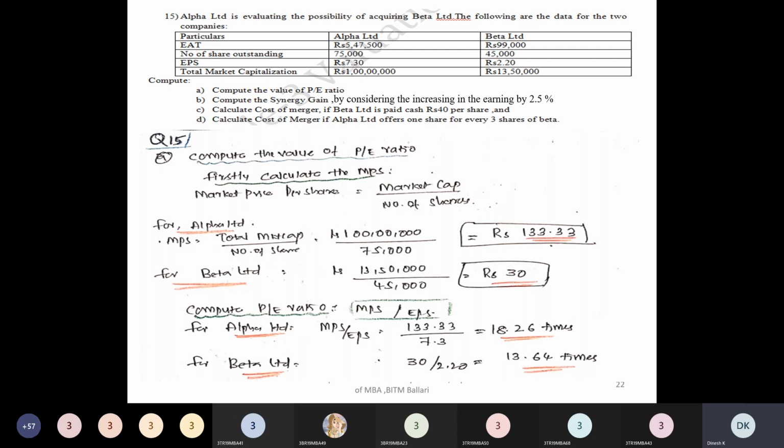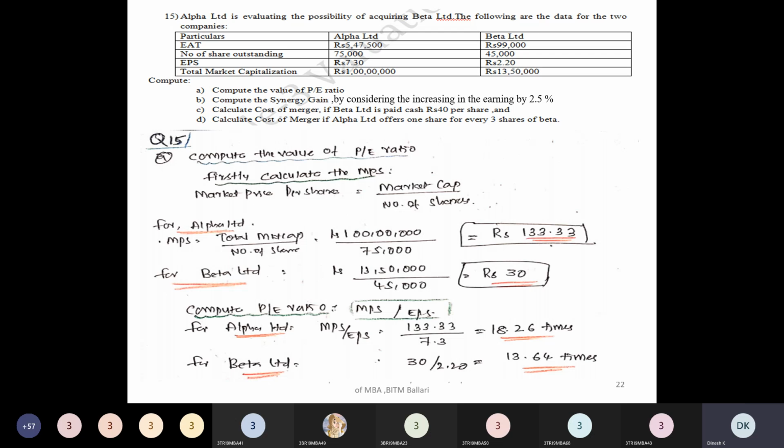What are we supposed to calculate here? The first thing is to compute the PE ratio. The formula for calculating the PE ratio is market price divided by EPS.